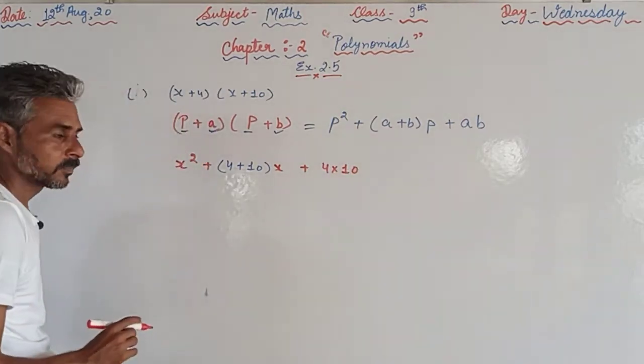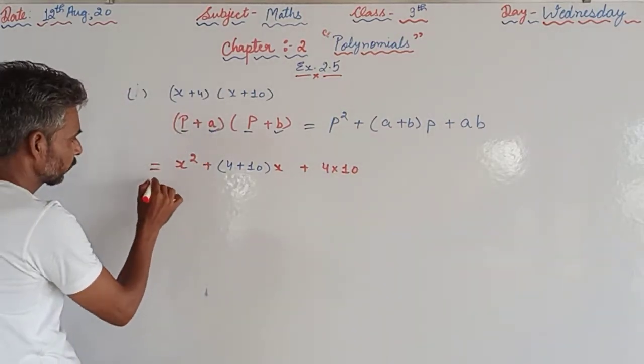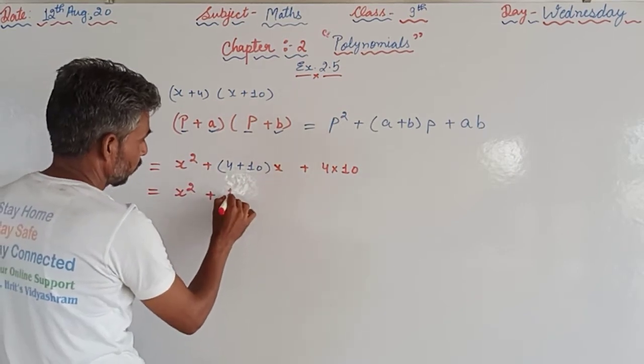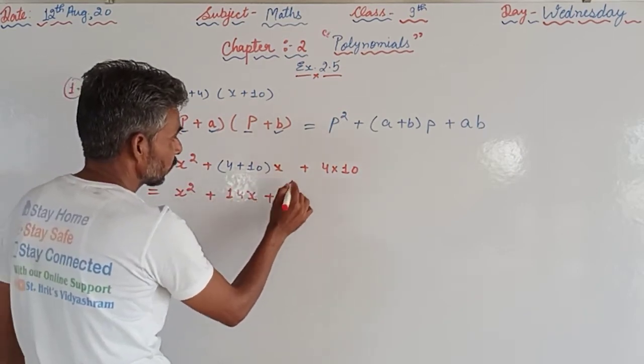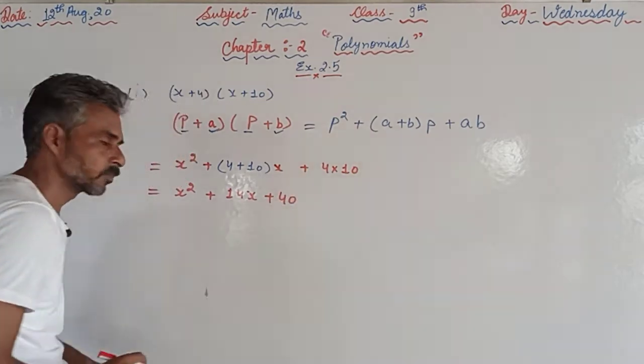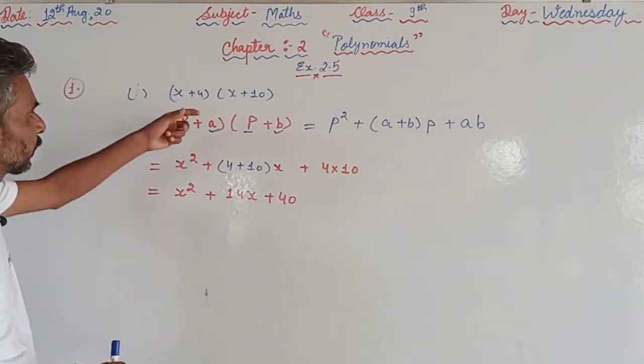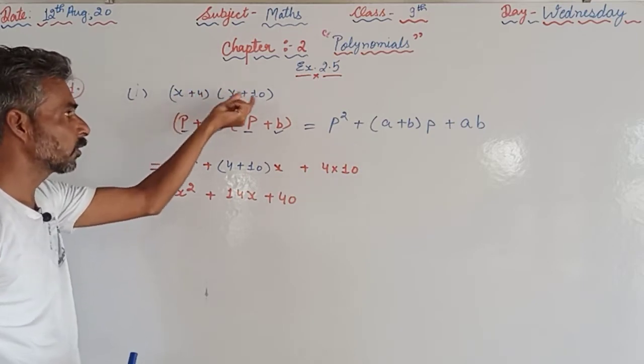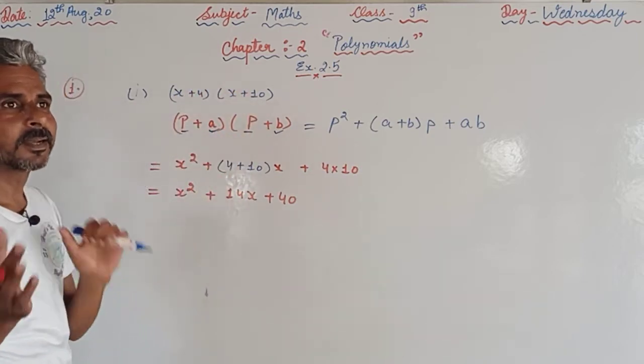So the answer will be x square plus 14x plus 40. We can verify that answer by multiplying the whole bracket first by x and then by 4, and then we can collect the like terms.